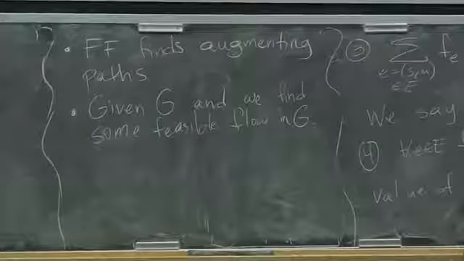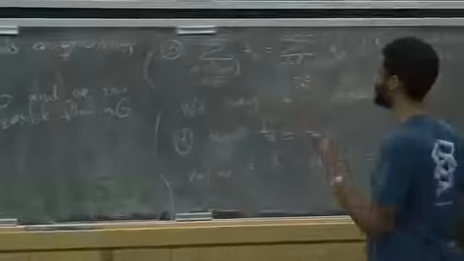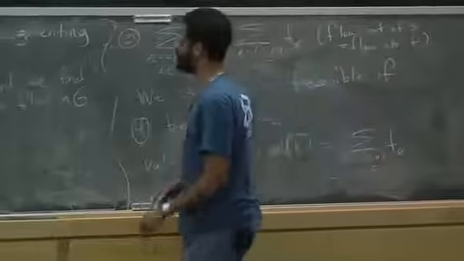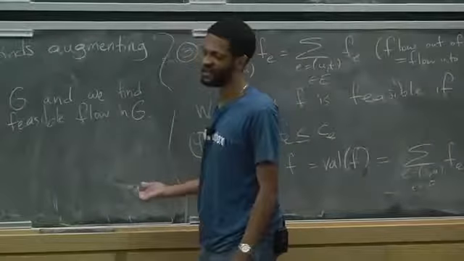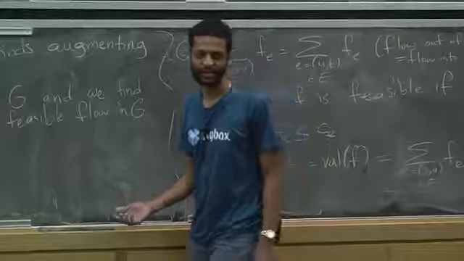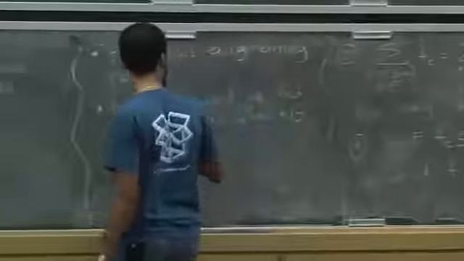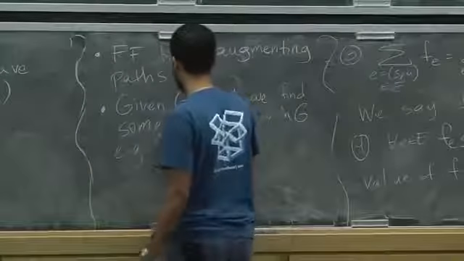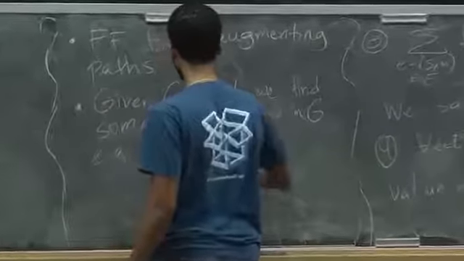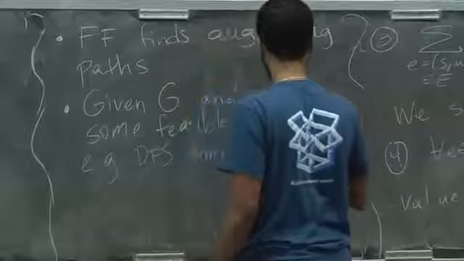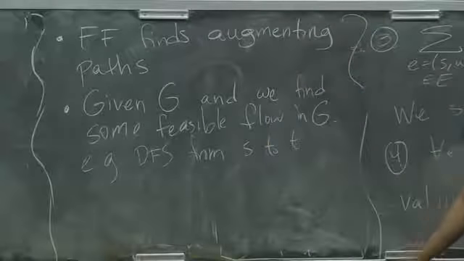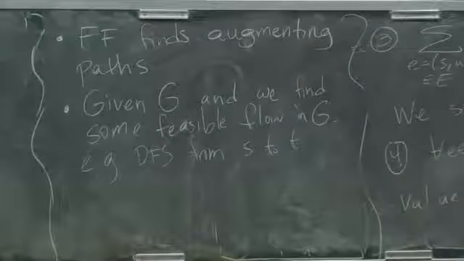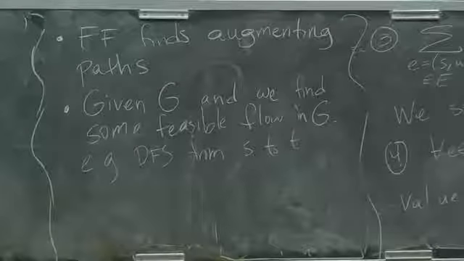I guess maybe people have seen flow, so maybe people are shy to just say things that everyone knows. But you could just DFS, e.g. DFS from S to T. Now you get a path in the graph from S to T, and that path has some minimum.